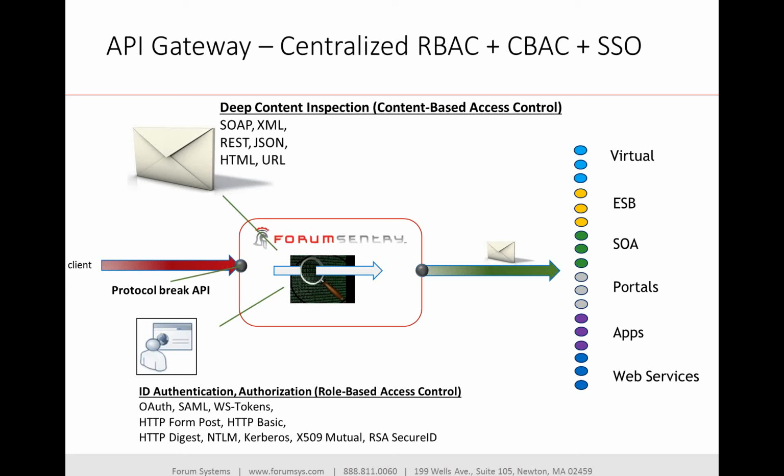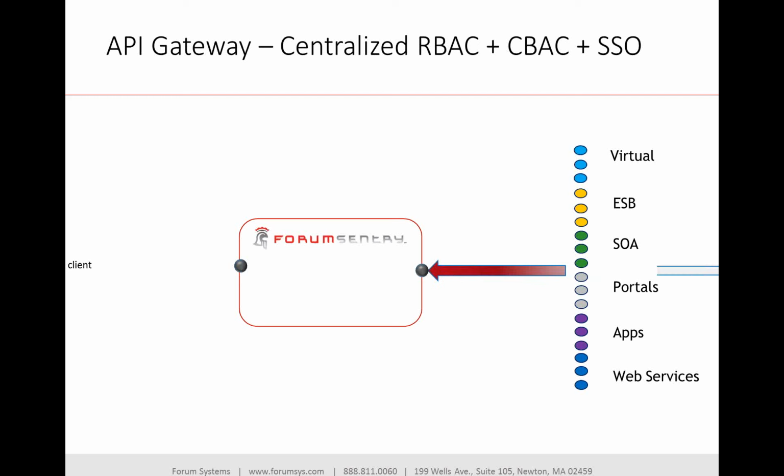Once those basic premise rules are established and validated, we get to the point of passing what was previously not secured or validated to something that's well vetted and assured, which can continue into the infrastructure to actually invoke that service. Subsequently, as the response comes back, that response is analyzed.